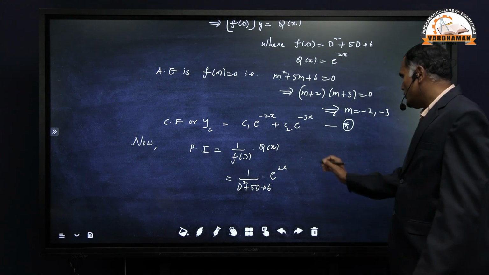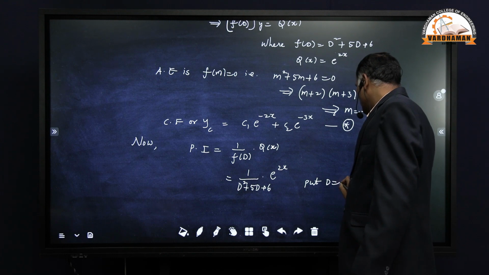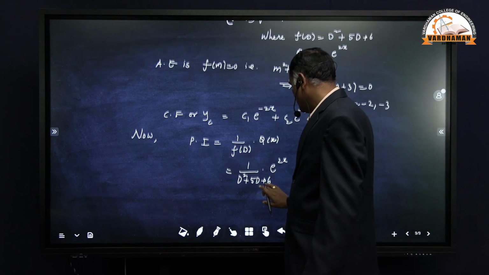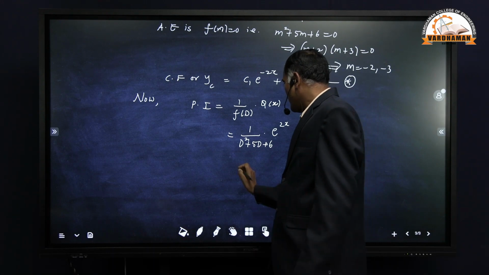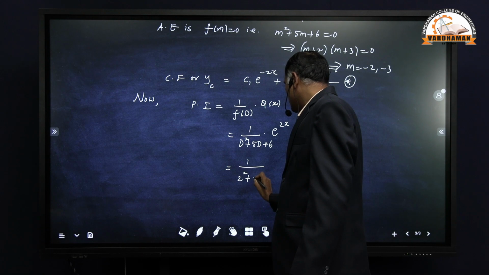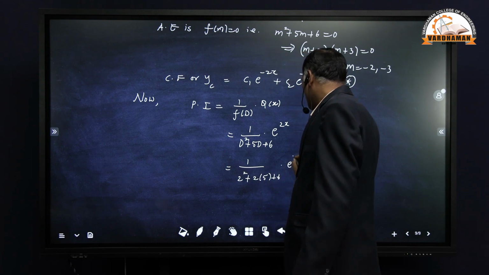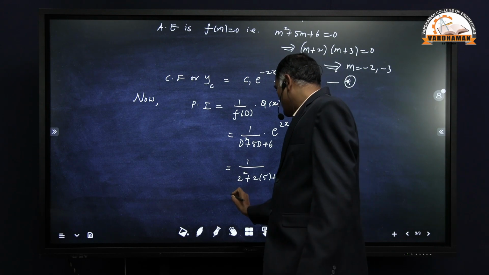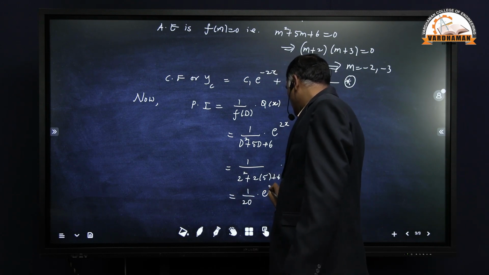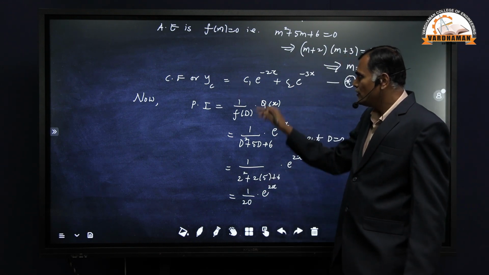Now here put D equals 2. Replace wherever D is there with 2. 1 by (2 square plus 2 into 5 plus 6). This is nothing but 1 by 20, e power 2x. Now this is the particular integral of this problem.